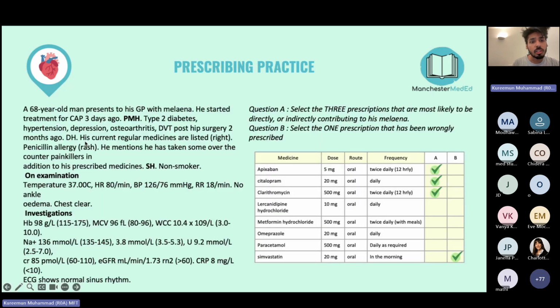So here, the one that they have wrongly prescribed is simvastatin, because usually it is prescribed at night. The reason being that the synthesis of cholesterol happens at night mostly. Simvastatin helps in preventing this in a way. If you take it at night, it would help in that process.